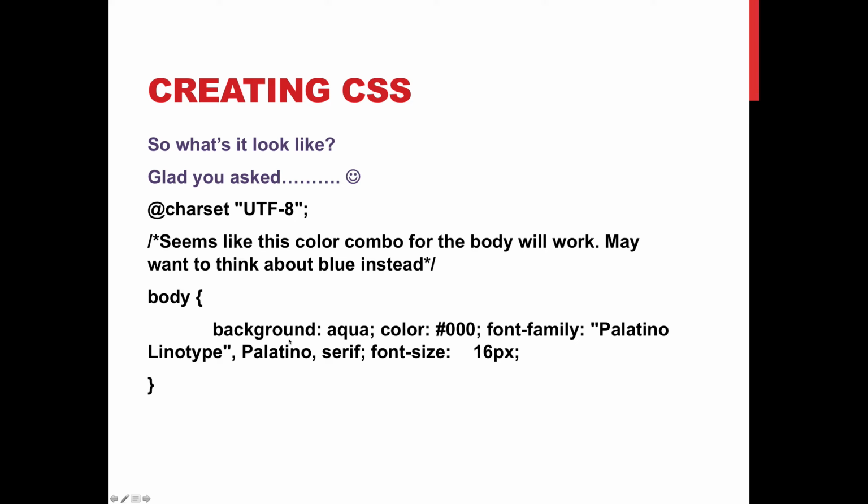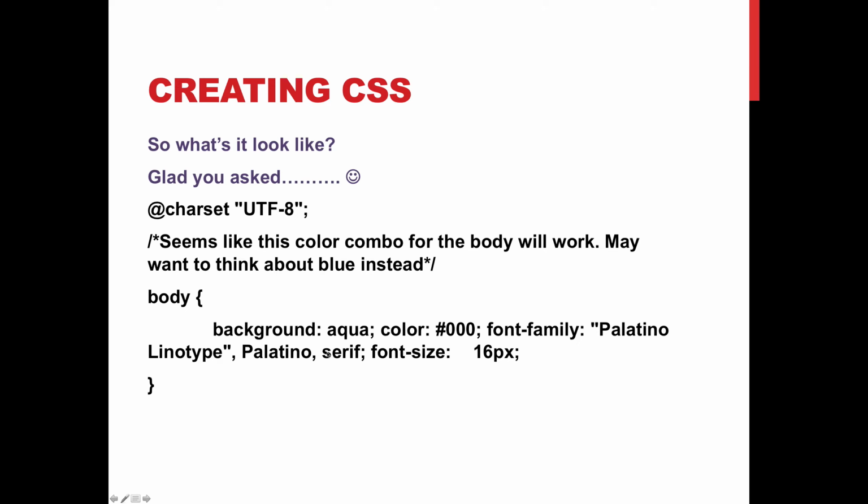First off, they have their background. So everything in the background is going to be aqua colored. They're going to color everything that's in the body font-wise with this #000, and we're going to get into that more in the color theory lecture that is a part of this same module. They're going to use the font family of Palatino Linotype, and then if the computer doesn't have that, it's going to default to Palatino.